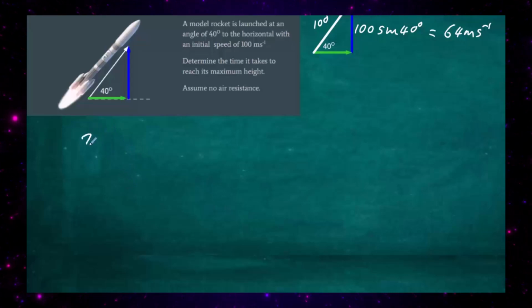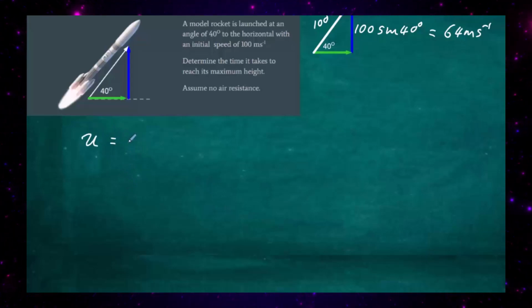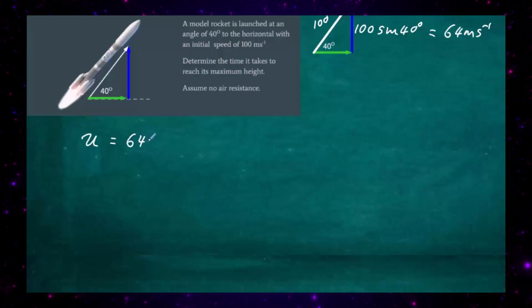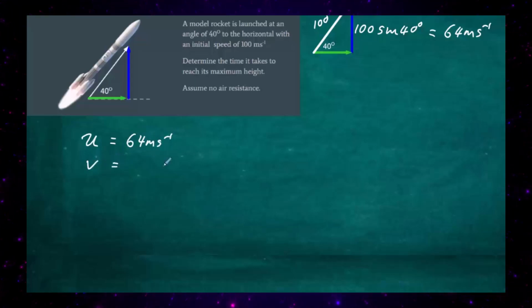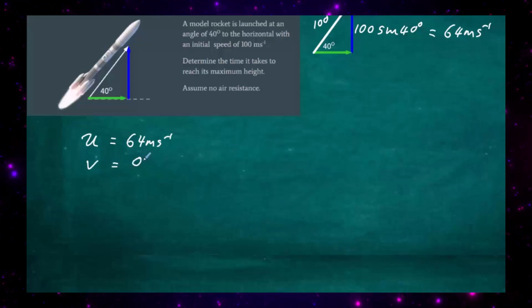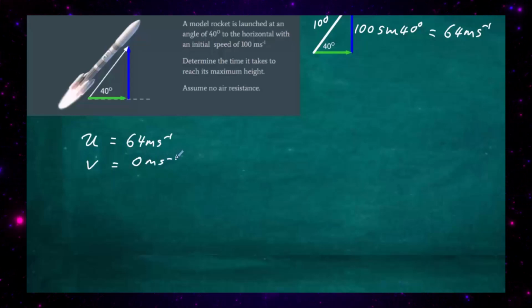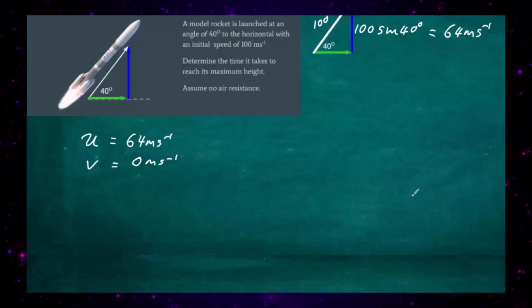We have the initial vertical velocity, which we just worked out to be 64 meters per second. Our final velocity, at the top of its flight, the maximum height, the vertical velocity is going to be 0. A is acceleration.